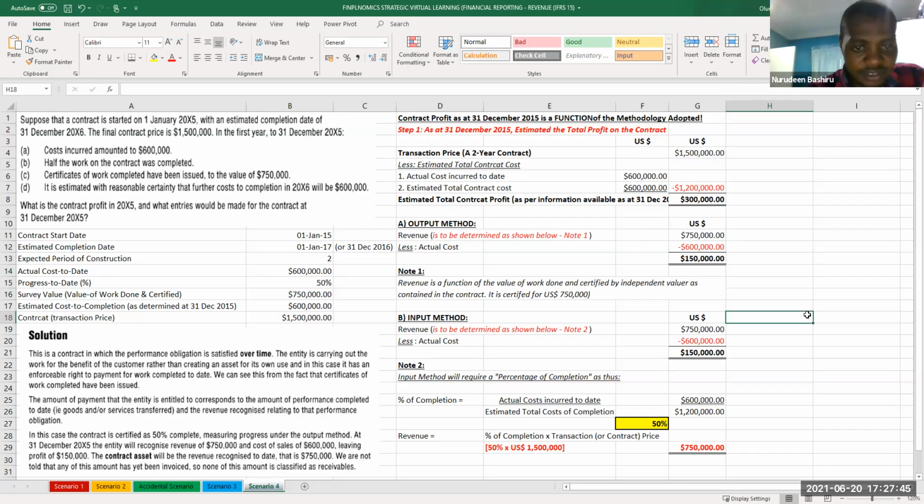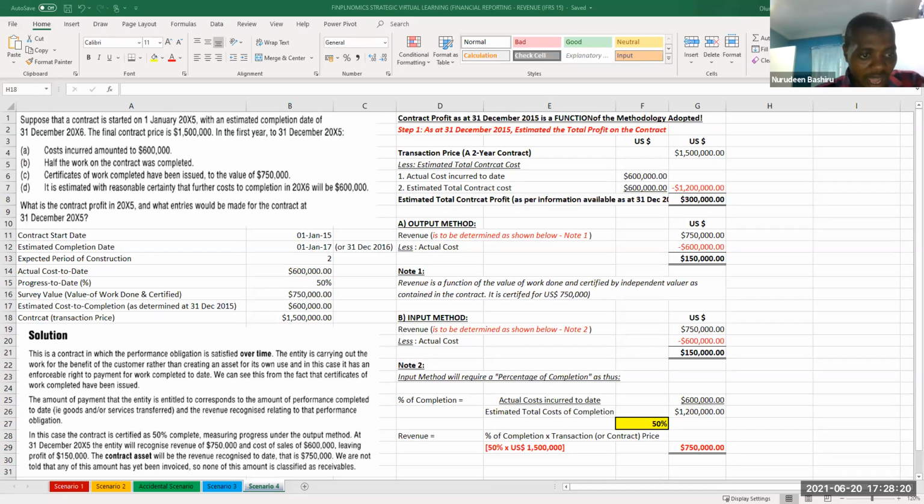The entity is carrying out the work for the benefit of the customer rather than creating an asset for its own use. And in this case, it has an enforceable right to payment for work completed to date.